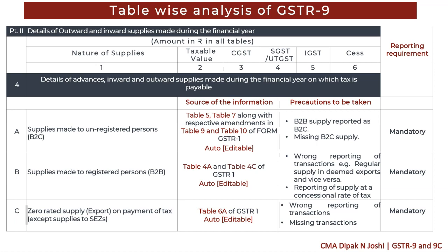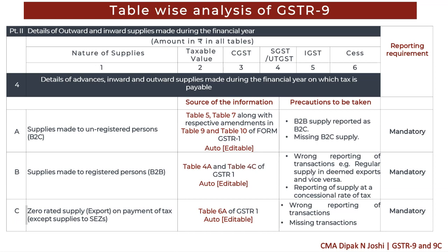Now what precaution should we take while reporting information in the B2C table? Sometimes we inadvertently report a B2B transaction as a B2C transaction. In that case, you should first amend the B2C transaction and report that invoice as B2B.